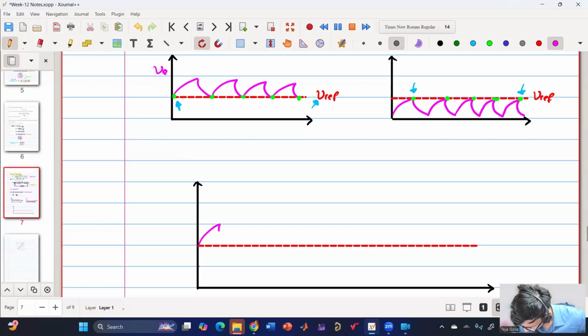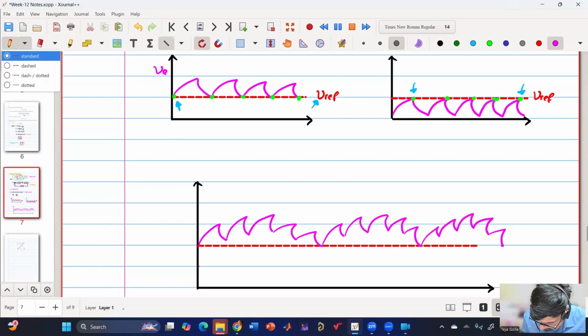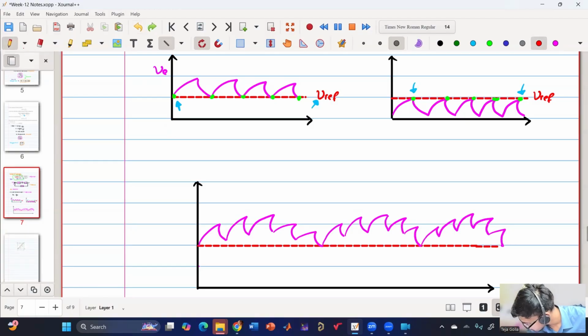So we will have like this: 1, 2, 3, 4, 5. 1, 2. Again, 1, 2, 3, 4, 5, and so on. So now if you pay attention very clearly, you can see, this is my V reference, and then this is my V naught.